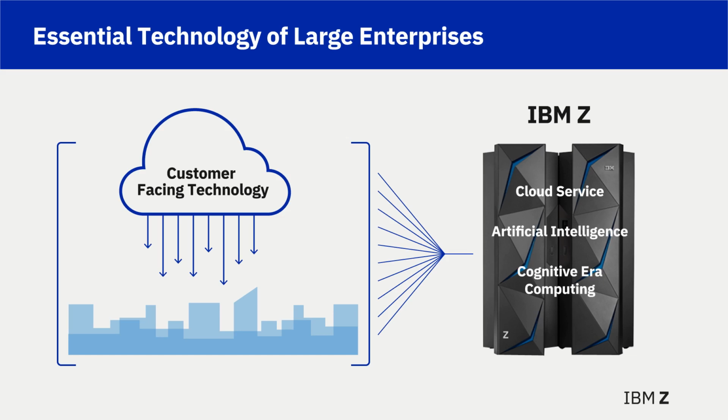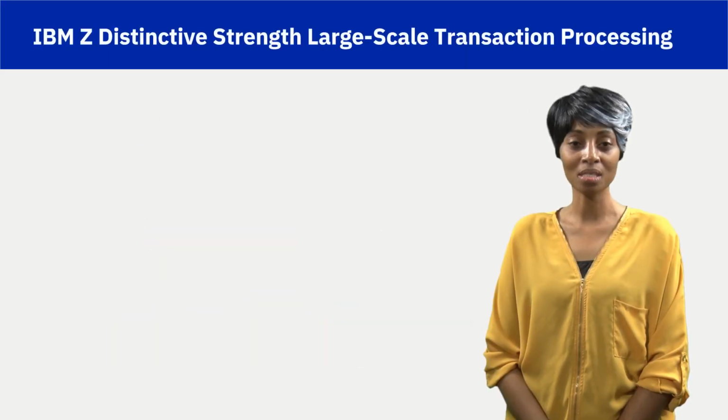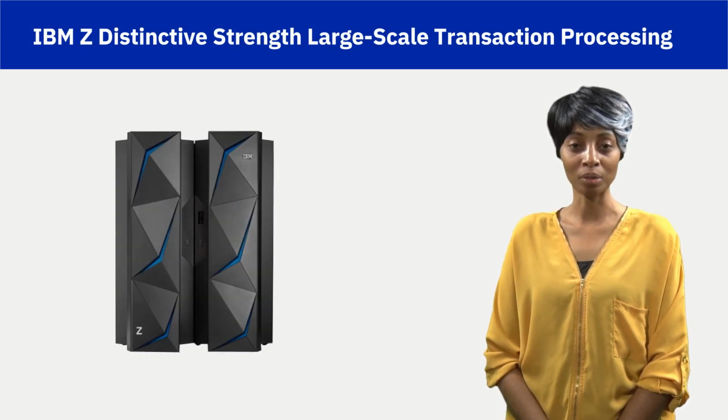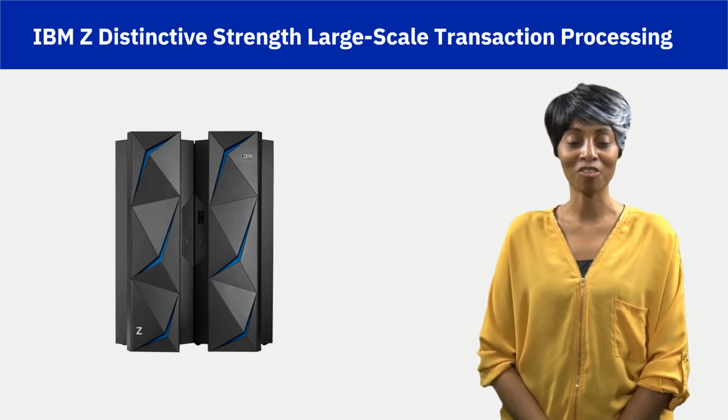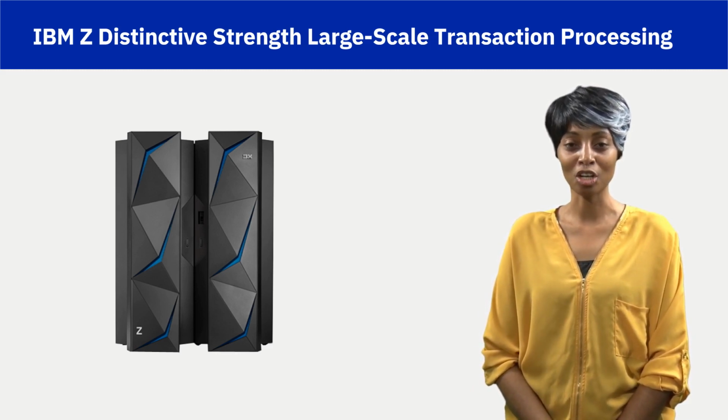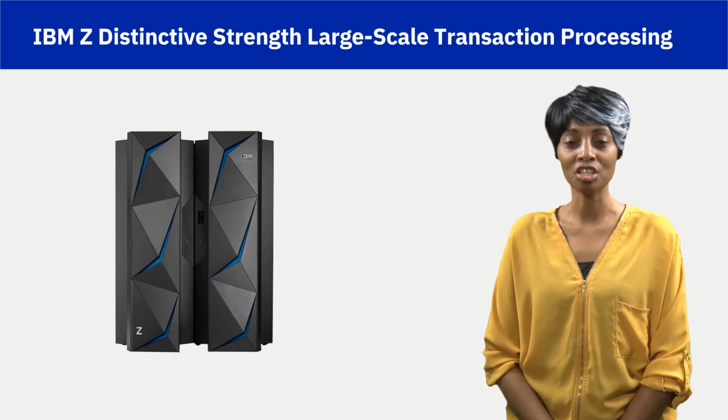Cognitive era computing is possible by the hardware and software to process and analyze a massive amount of data every second of every day. The continuous advancements of the IBM Z mainframe hosting critical data and services, together with the best of breed server design criteria, has positioned the IBM Z mainframe to be the best of breed server for the current information technology transformation.